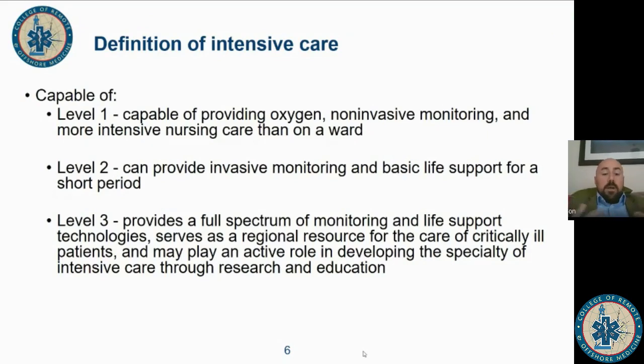And it would also most likely be a regional resource for care of your critically ill patients. So a place where other local facilities that have intensive care would want to send their most sick patients to that level 3 environment, and therefore it often plays an active role in developing the specialty of intensive care through research and education. So typically a big university hospital would be a good example of level 3 care.